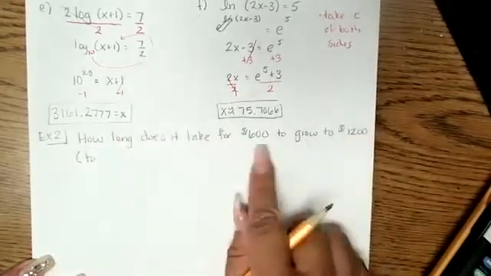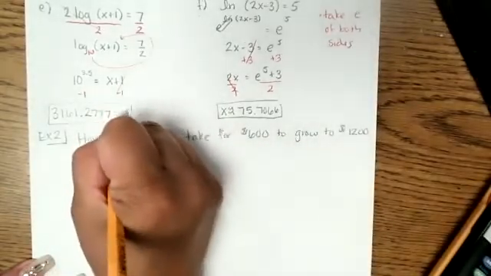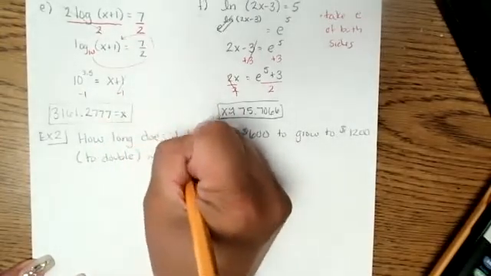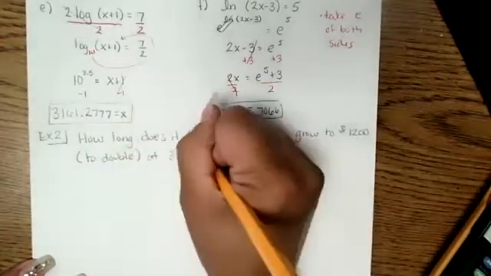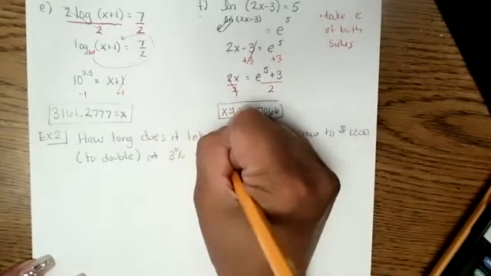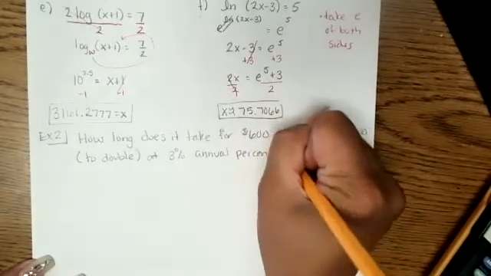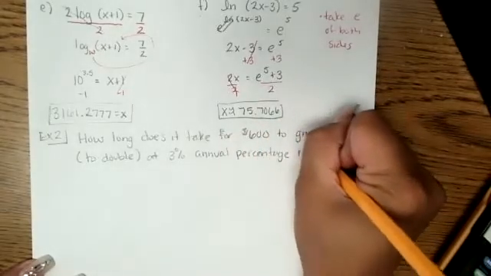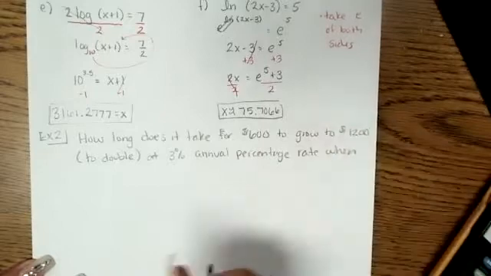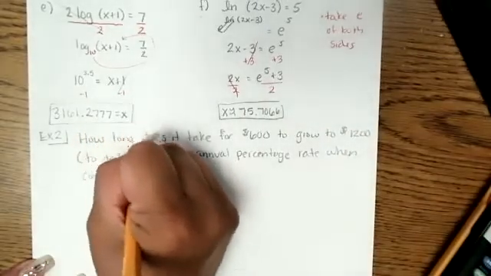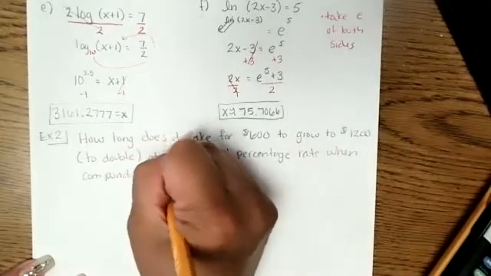So basically, it's to double. At 3% annual percentage rate when compounded continuously.